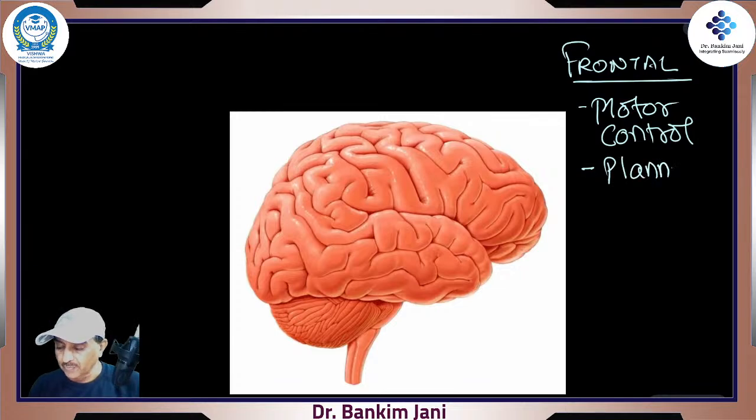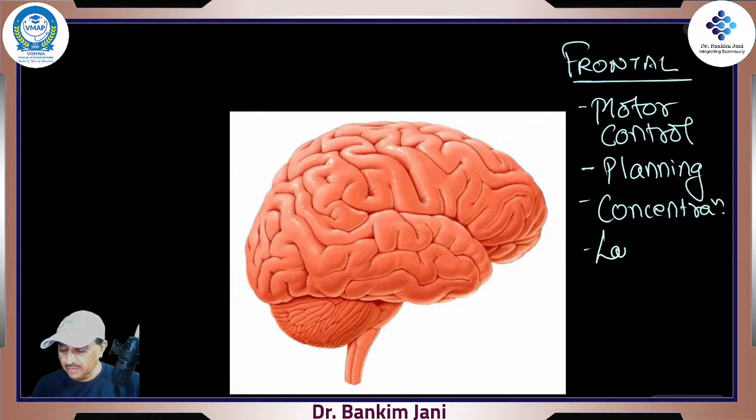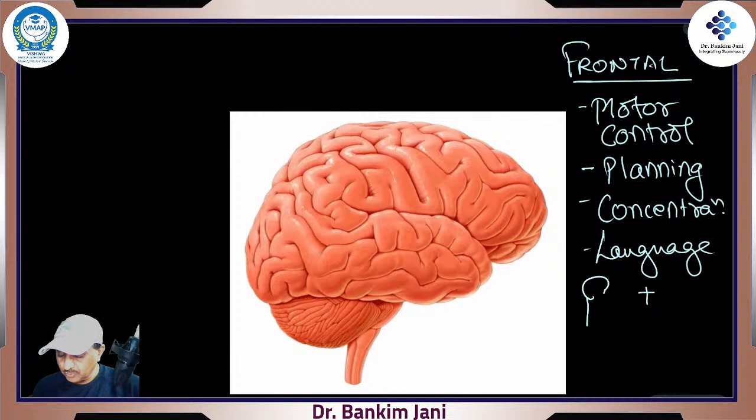Planning, see how important. When you say concentration, that is associated with it. Your language is associated with it. One of the best things is it gives you rational control. Now what is rational control?